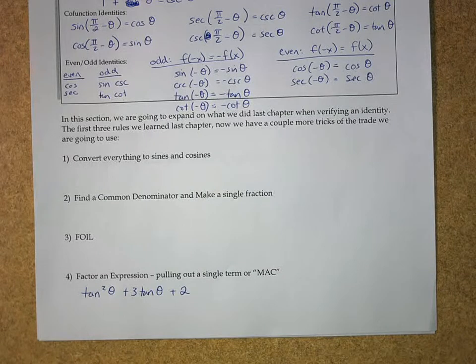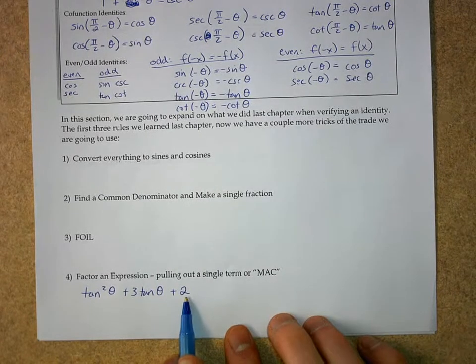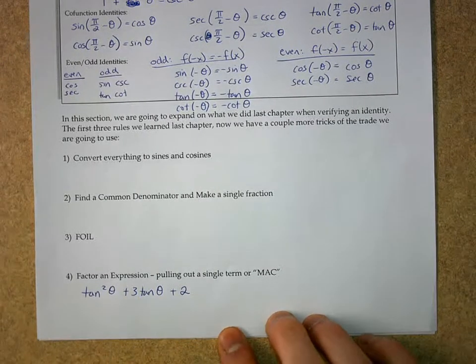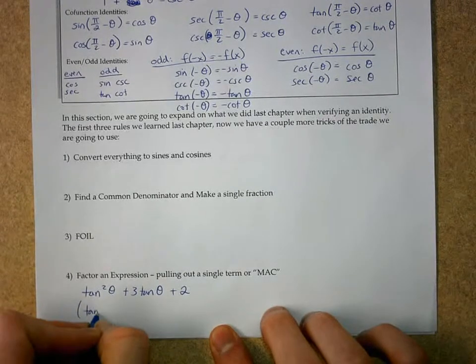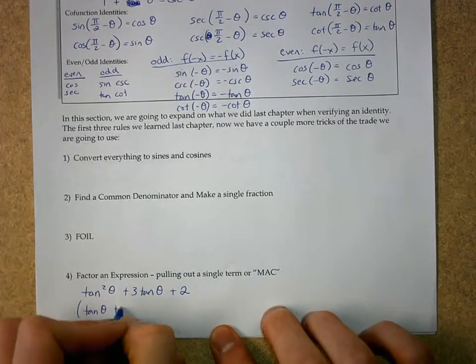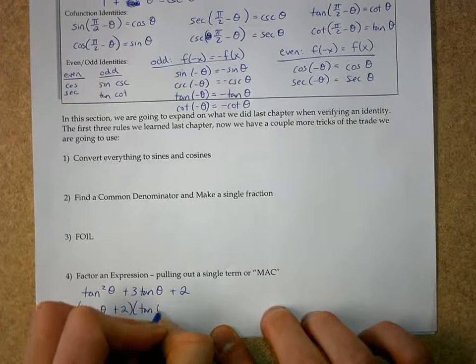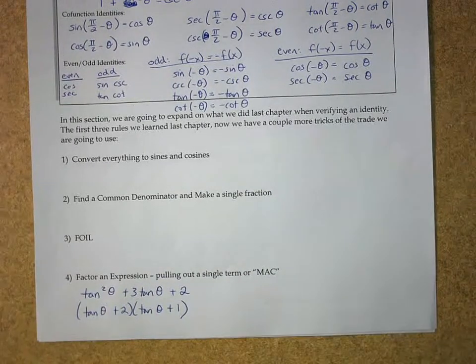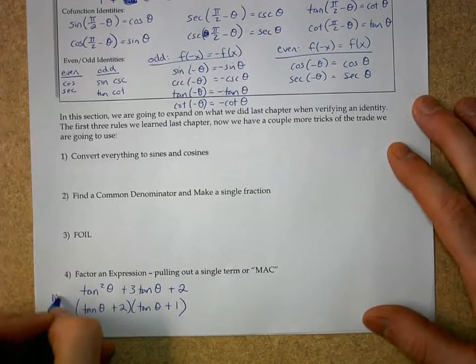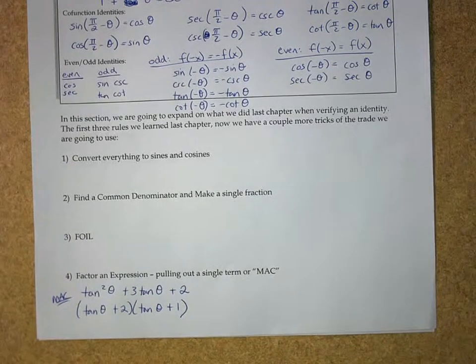This would be a multiply, add, choose situation where I want to know what are the factors of 2 that add up to 3. And if I do that, I would have the tangent of theta plus 2 and the tangent of theta plus 1. Those values add to be 3 but multiply to be the positive 2. That would be the Mach format in terms of factoring.